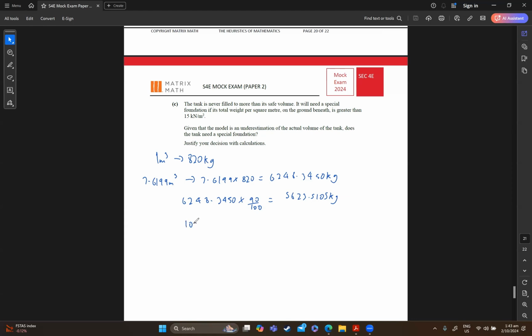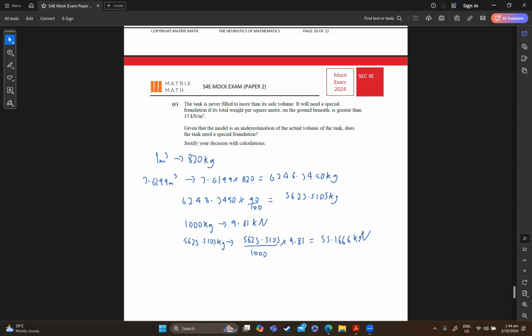Now, this is the one that we're going to use to convert it to kilonewtons. So it says here that 1000 kg is equivalent to 9.81 kilonewtons. So if it's 5623.5105 kg, just take this number over 1000 times 9.81. You'll find out it's 55.1666 kilonewtons.